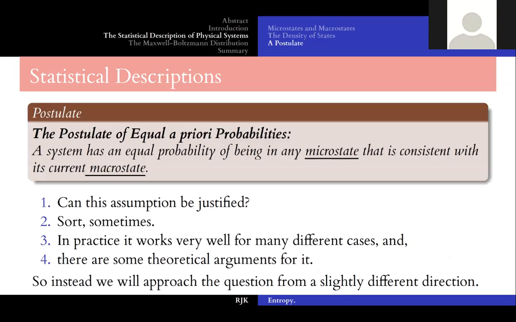I just have a comment on that. A system consists of many particles, I would assume. And when you say that the system is in any microstate, any point on that 300 dimensional sphere is assumed to have equal probability, right?